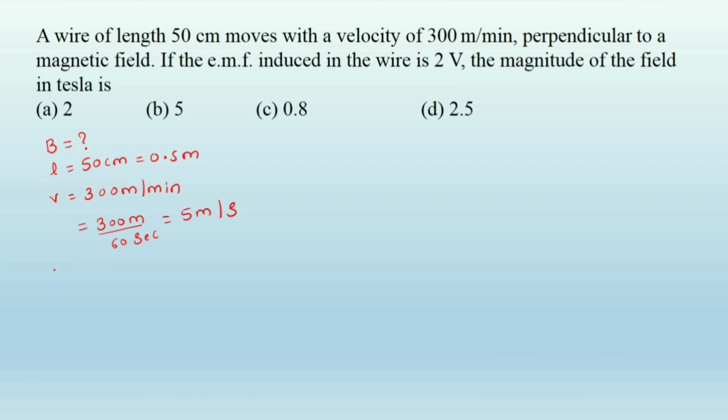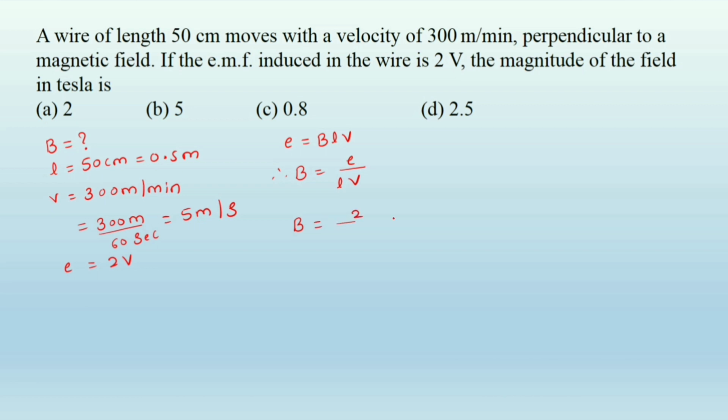Then induced EMF in the wire is given 2 volt. Now we have to calculate magnetic field B. So directly we have the equation E equal to BLV. We can use motional EMF here. So we want magnetic field B, therefore B equal to E divided by L into V. Substitute the values.